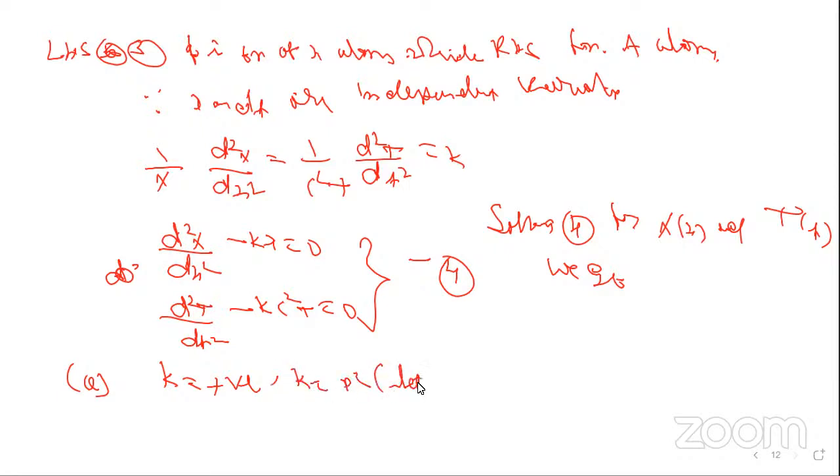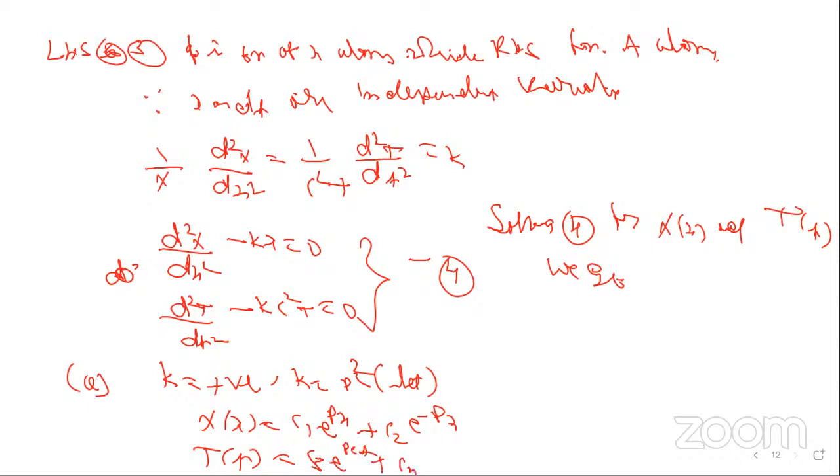Then X of x equal to c1 e power px plus c2 e power minus px, and T of t equal to c3 e power pct plus c4 e power minus pct.